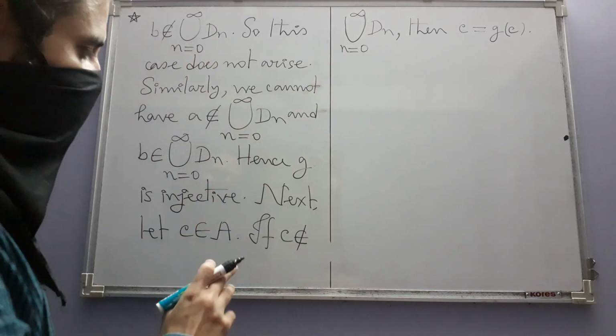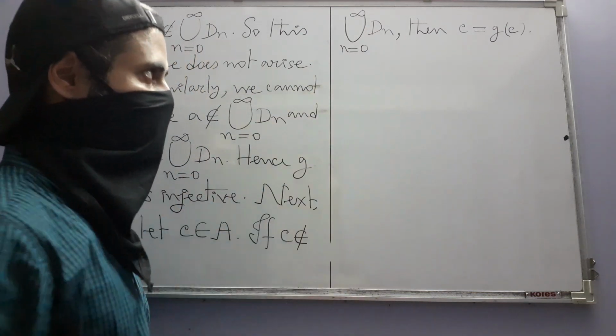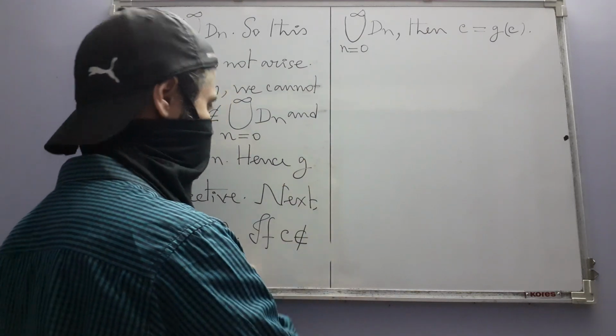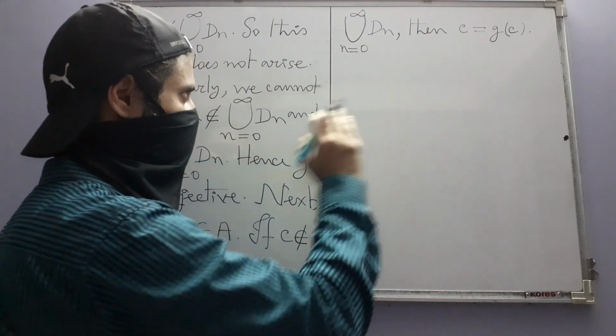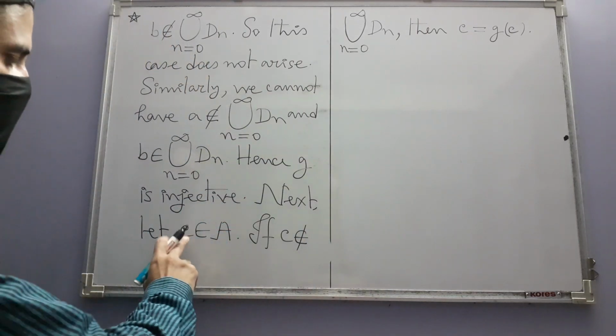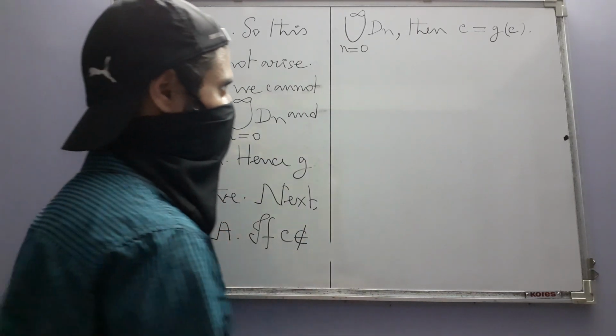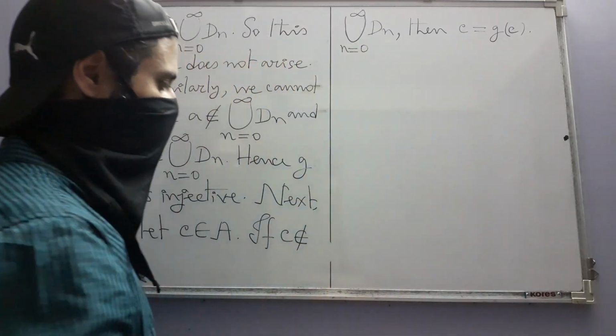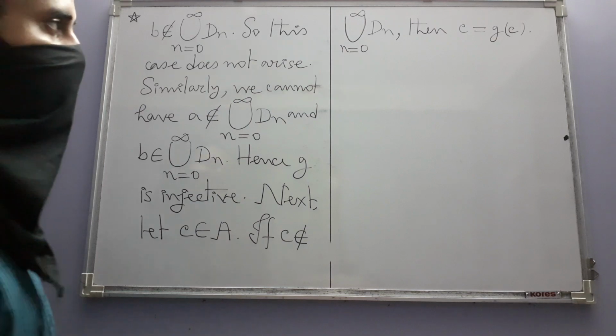So by the definition of G, G of C is equal to C. So we have found an element C in B whose G image is the chosen element C. I don't think I should mention here that C belongs to B. It's clear.